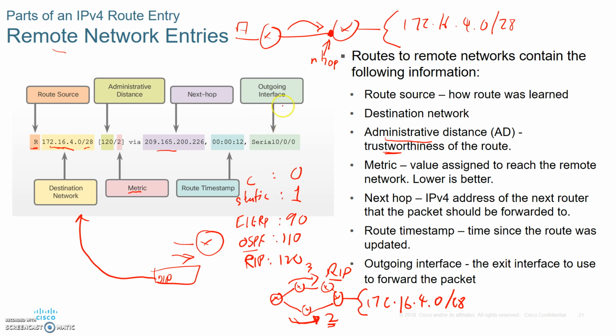Finally, the outgoing interface is which interface you should send the packet out of. If this route appears in R1, this will be the exit interface. Remember, the exit interface belongs to this router where this route appears. Next hop belongs to the neighbor interface that you should pass it to.